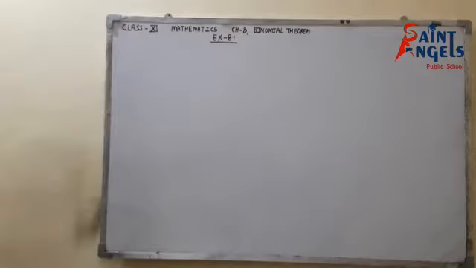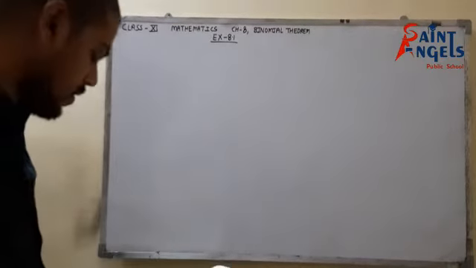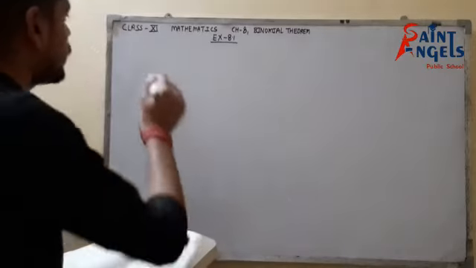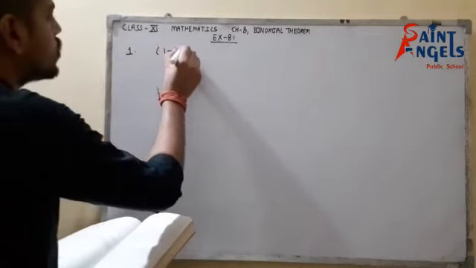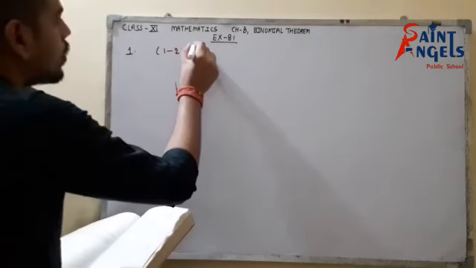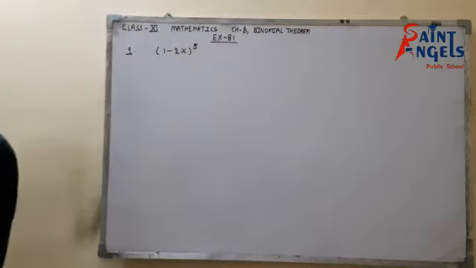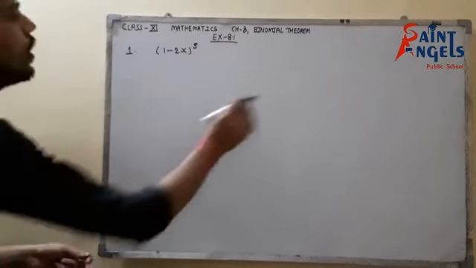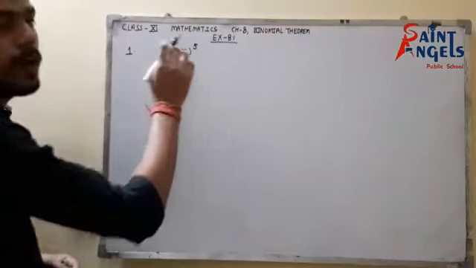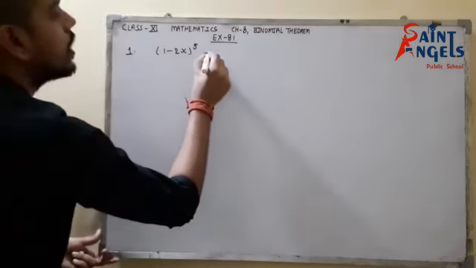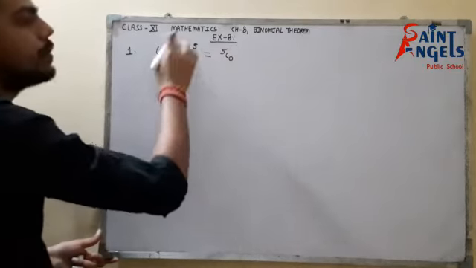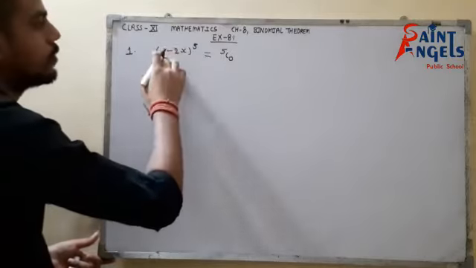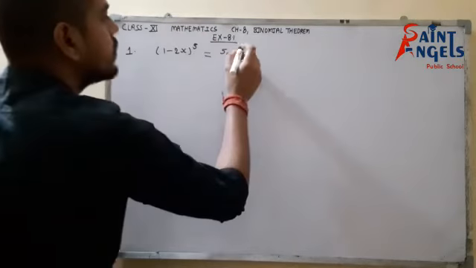The first question of Exercise 8.1 is to expand the following expression through the binomial theorem. The first question is we have to expand (1 - 2x)^5 with the help of the binomial expansion. So this is the formula of (a - b)^n. The formula was 5C0 a^n. So 1 to the power anything would be 1, so we just leave it.